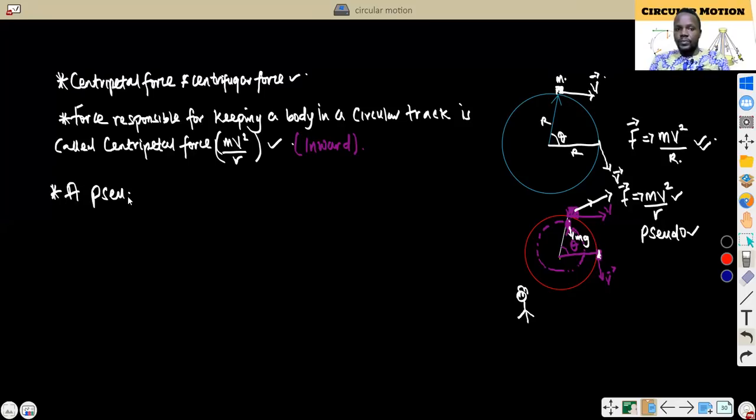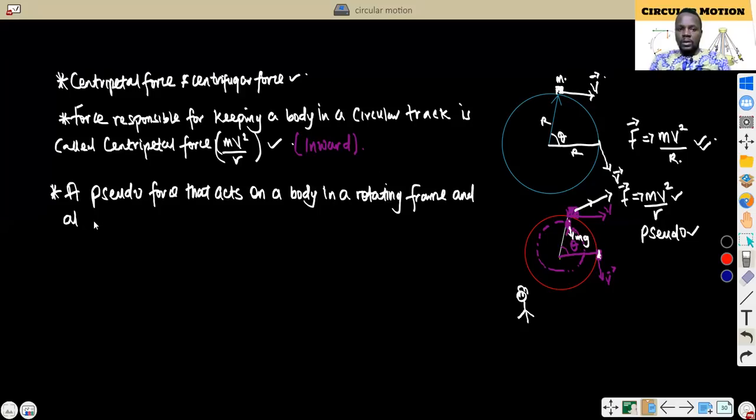That's right. A pseudo force that acts on a body in a rotating frame and is always balanced by the weight of the body.